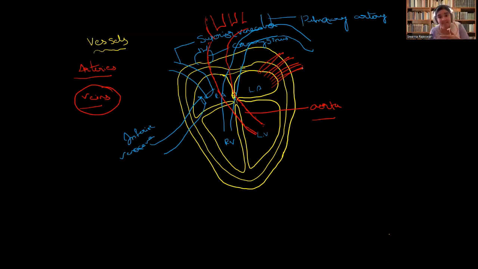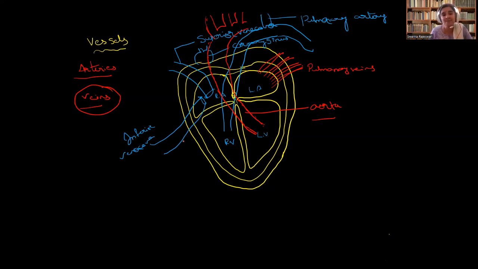And these are the pulmonary veins. They are carrying oxygenated blood from the lungs and dropping inside the left auricle. And from the left ventricle arises the aorta, which supplies the oxygenated blood, that is pure blood, from the heart to the different parts of our body.